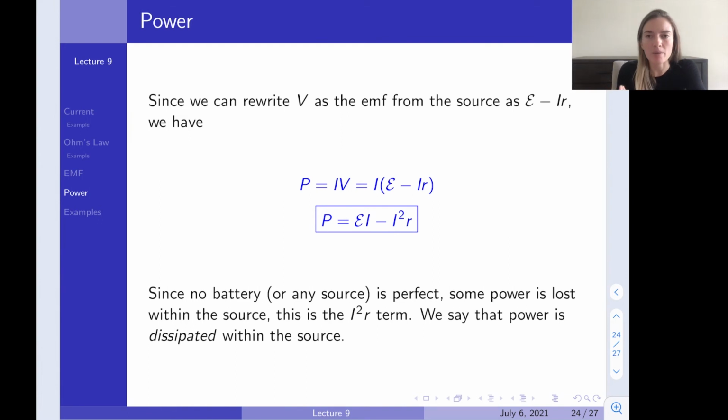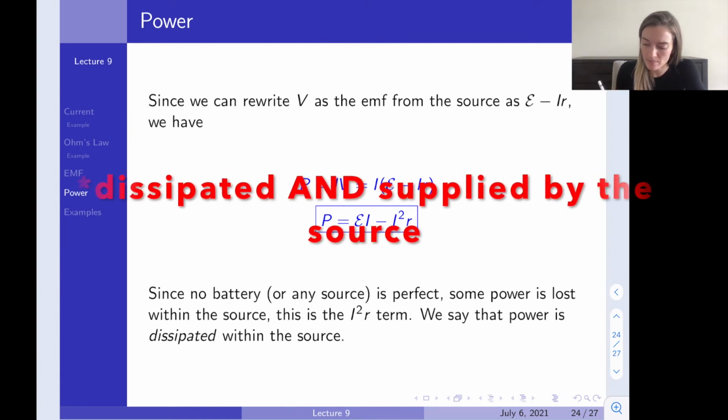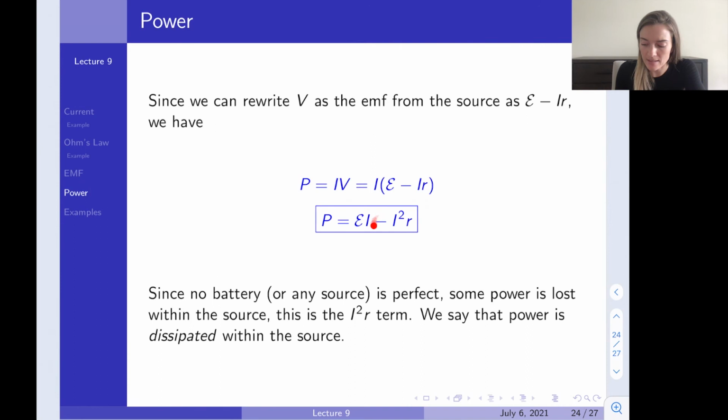So this is the power that's dissipated within the source, and that's this little negative term here. The positive term is power that the battery supplies. The negative term is the little bit of power that's lost to the internal resistance.